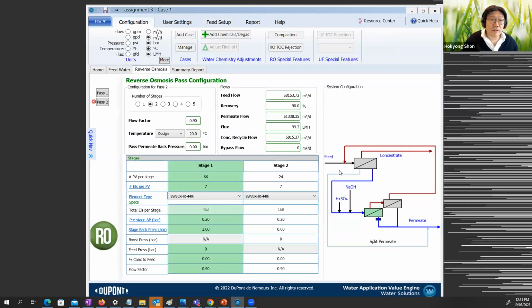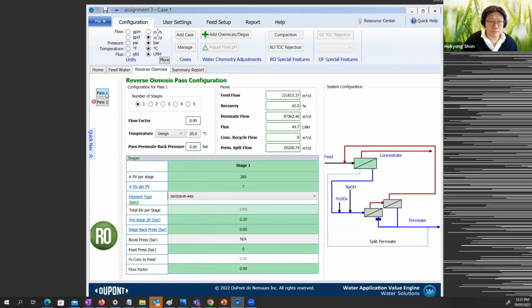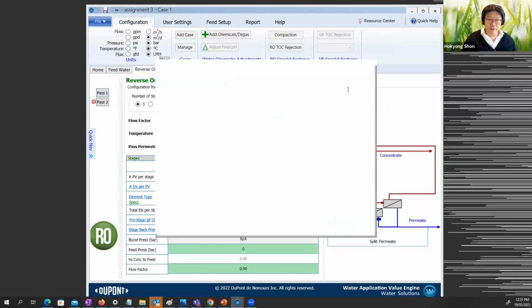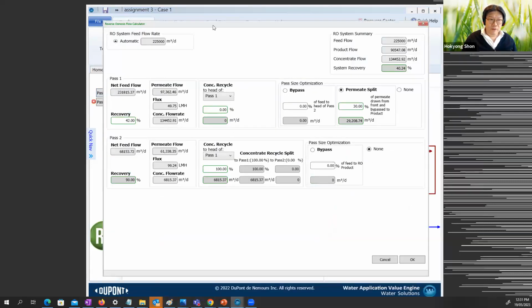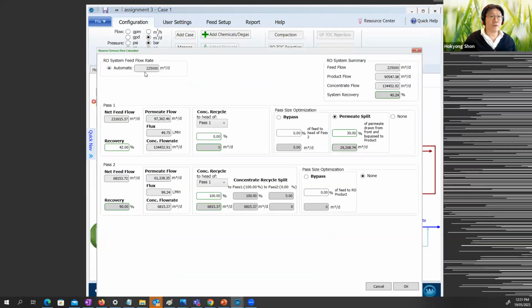So if you look at his first pass, he has 285. Then from here, you can see that he has a 225 initial feed flow. Product water, he would like to have 90,000. So overall, he has a system recovery around 40%.